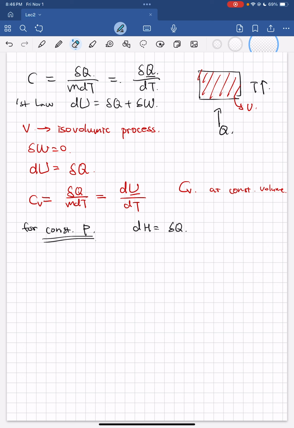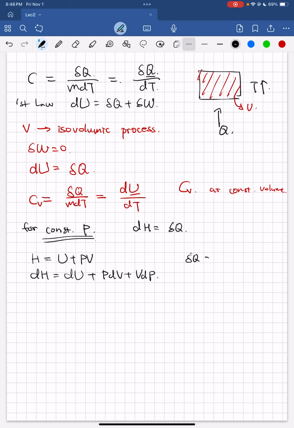Let me go through it again. So H is U plus PV, dH equals dU plus pdV plus Vdp. Del Q equals dU minus del W by first law, and del Q equals dU plus pdV.